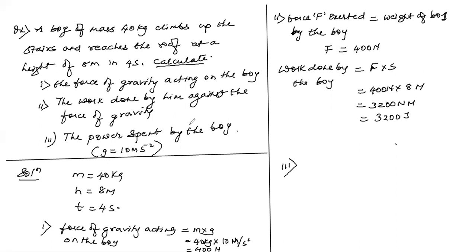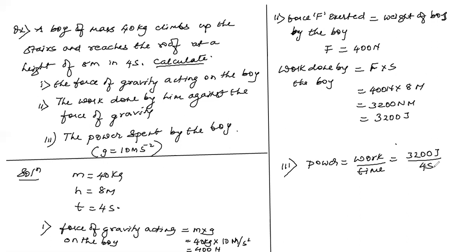Now, next, the power spent by the boy. I want the power. Power is the rate at which work is done, meaning work upon time. So how much work the boy has done in 1 second? That is power. Work done by him is 3200 joules and the time taken is 4 seconds.